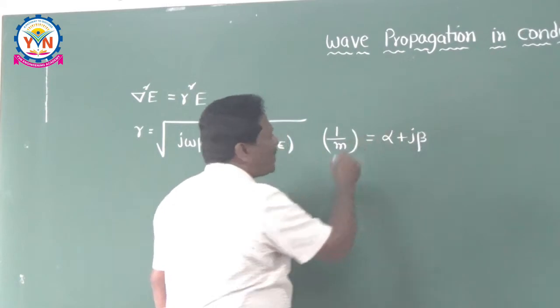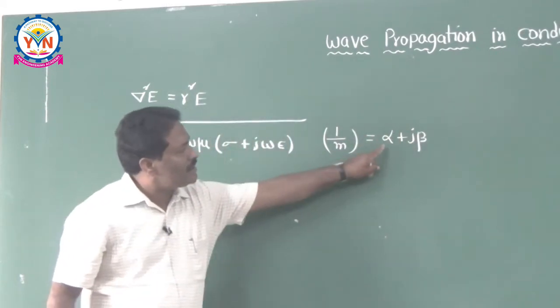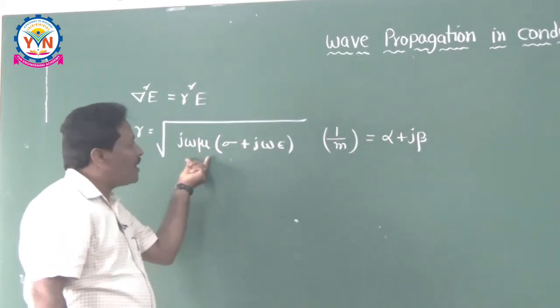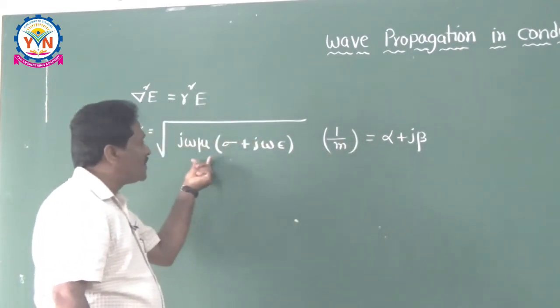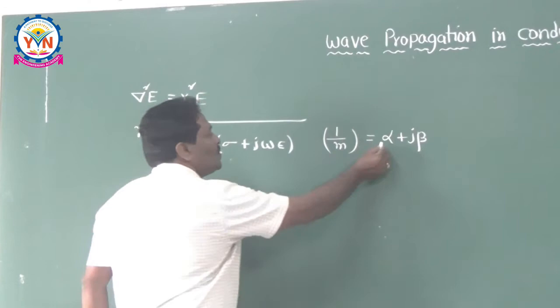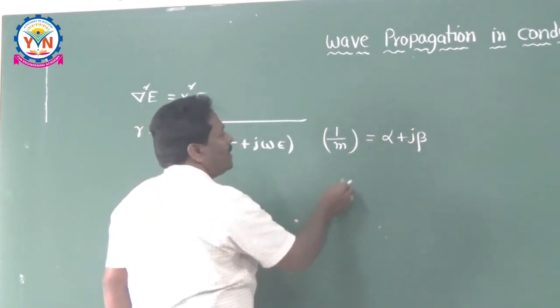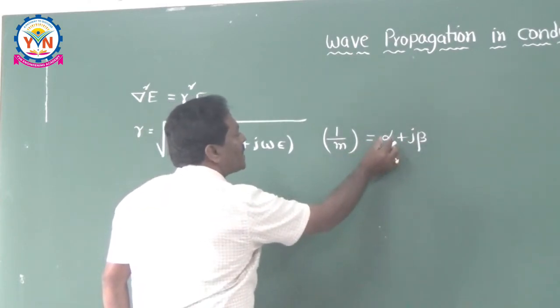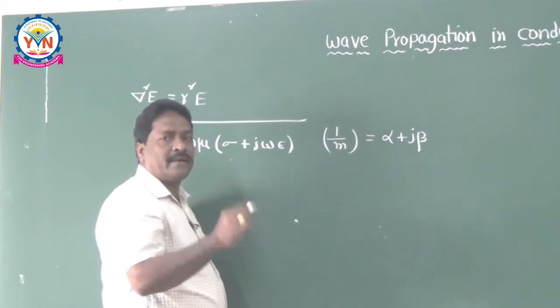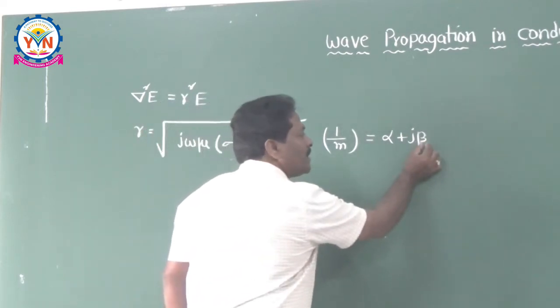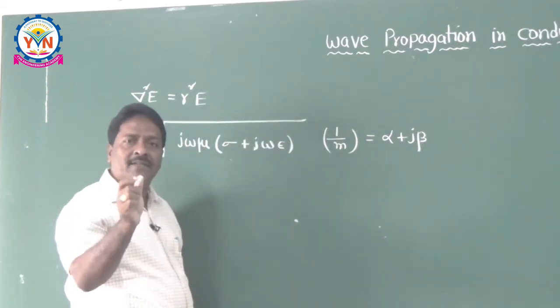So what is alpha here? Alpha is nothing but the real part of gamma, and beta is nothing but the imaginary part of gamma. Coming to the units, alpha is called the attenuation constant, in Nepers per meter, whereas beta is the phase shift constant, in radians per meter.